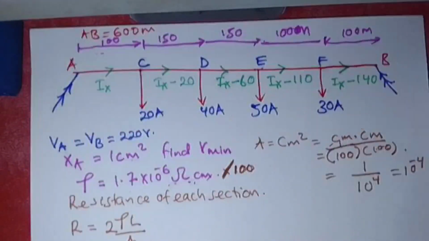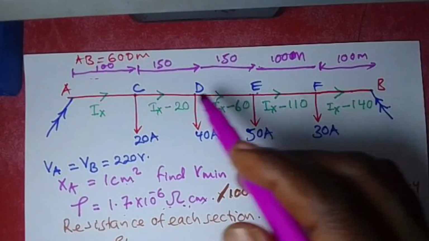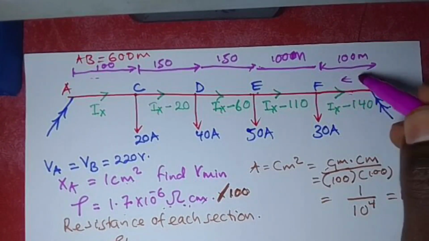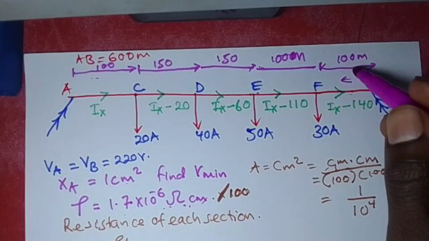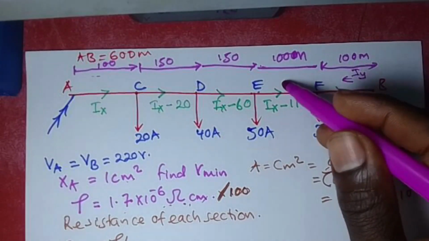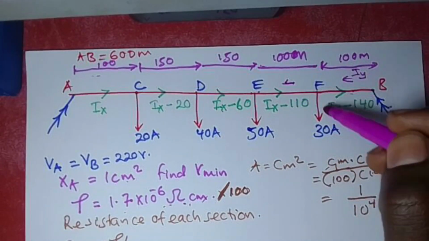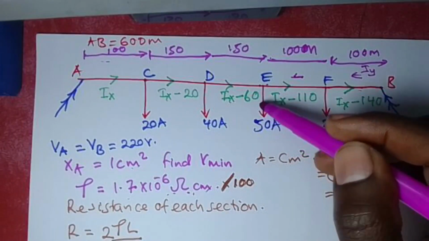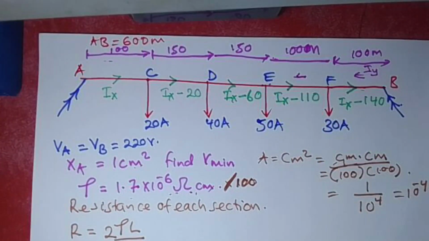But if you choose the current to flow from end B to point A, that means you'll consider the current from this direction, and therefore you'll just keep subtracting. Maybe this is IY. The next current here will be simply IY minus 30. Then IY minus 30 minus 50, which is IY minus 80.